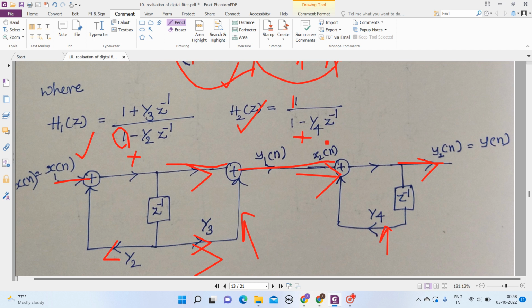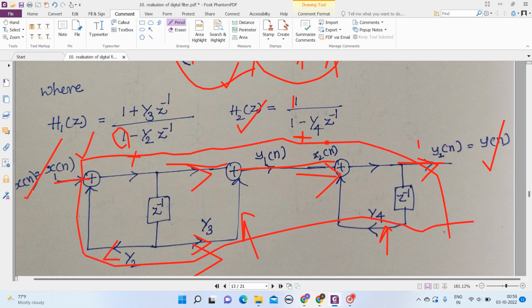Here there is a value 1, so y2 of n is equal to y of n. This is my input, this is my output, and this is my system transfer function h of z. H of z is h1 of z and h2 of z, h1 of z dot h2 of z.